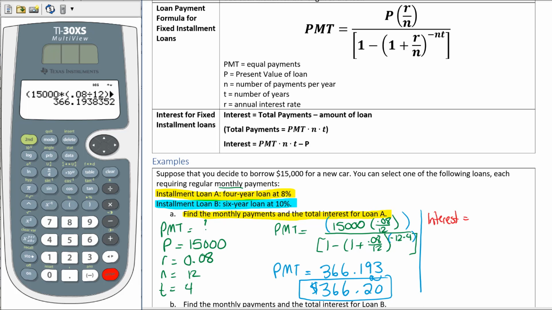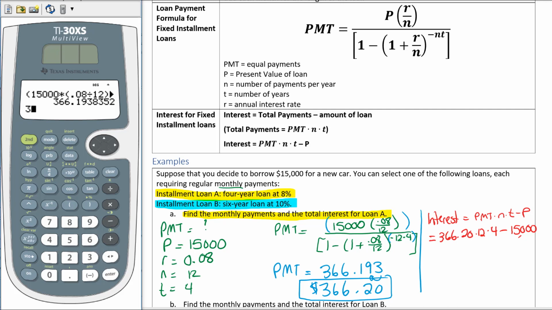Now I have to find the interest. So the interest is going to be the total payments, which is PMT times the number of years times time, minus the original amount of the loan. So we have 366.20 times 12 months times 4 years, and I'm going to subtract off the 15,000 that I already owed.